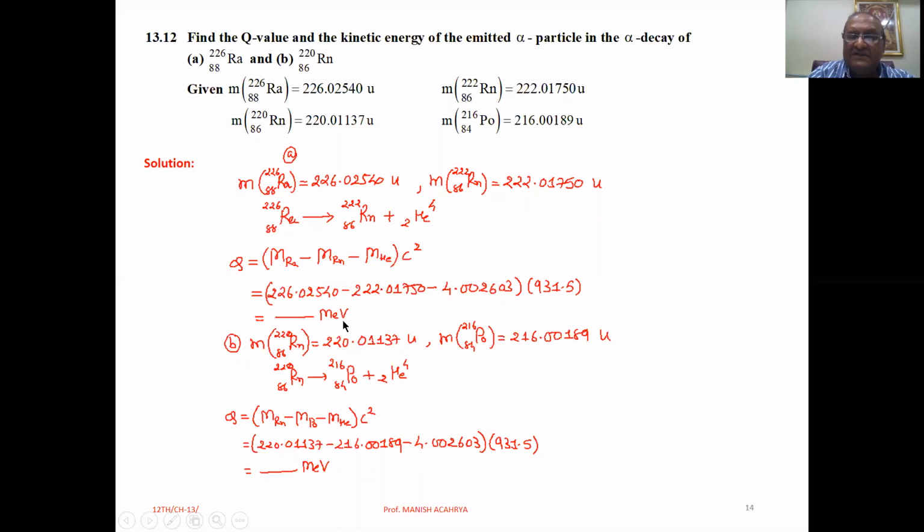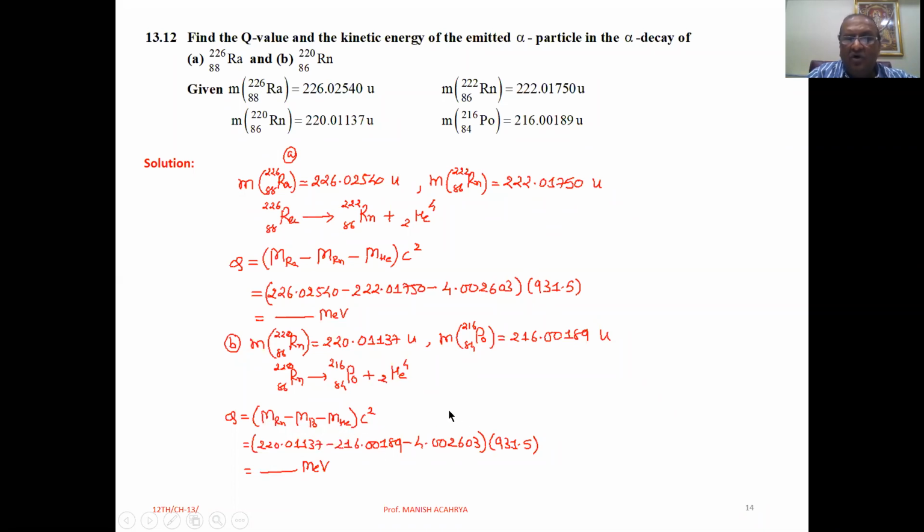You will get the answer in MeV. Then for 86Rn220, alpha decay takes place. So we'll get 84Po216 plus 2He4. Again, the Q value is the left-hand side mass, the mass of Rn, minus the right-hand side mass, the mass of Po minus the mass of He, into c square.